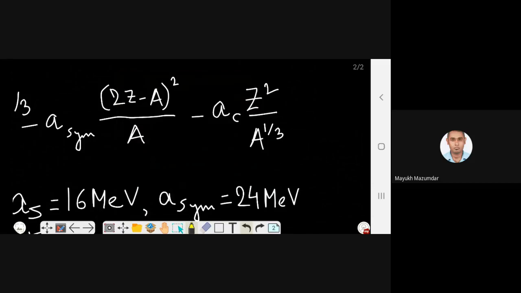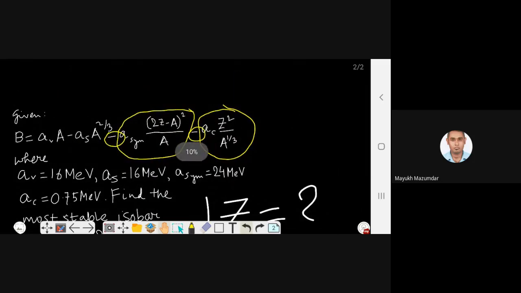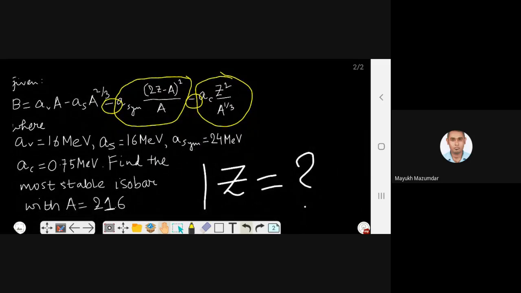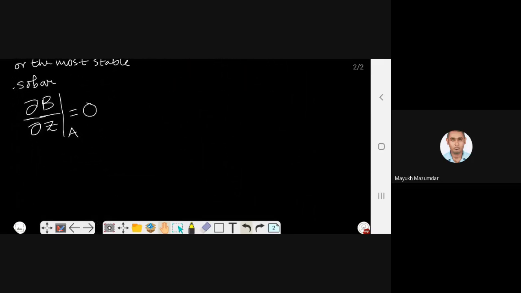The pairing term is not given; many times they just keep it off. These two terms contain Z, with the minus sign as well. So when you are doing the derivative, simply differentiate the last two terms. Why should I do everything? There's no point in doing that.